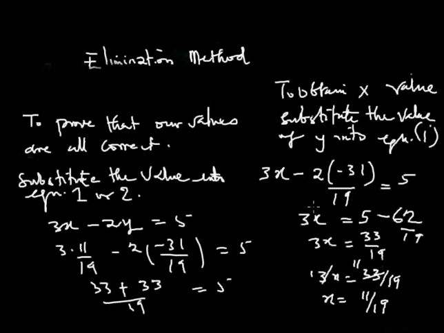So if we do the addition, 33 plus 33 divided by 19, there's still something wrong somewhere.